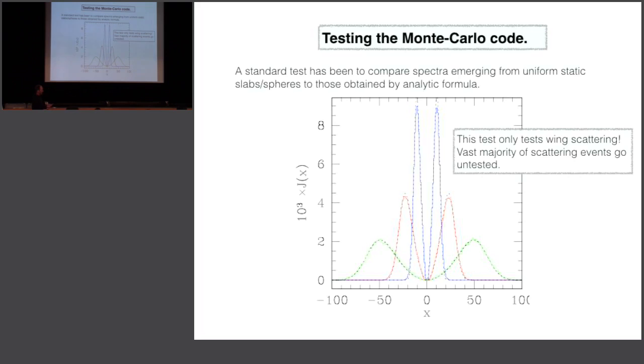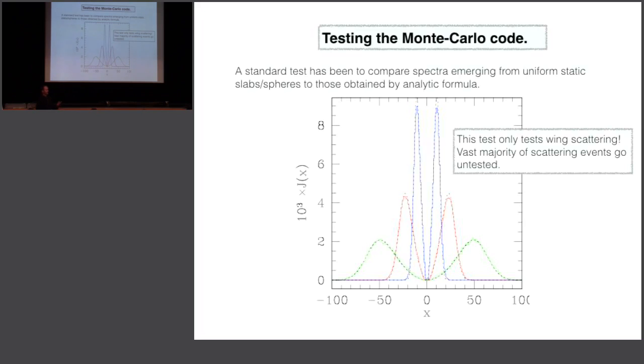The first reason is that resonant scattering or core scattering accounts for the vast majority of events in your Monte Carlo. Remember that at optical depth 10 to the 7, you scatter about 10 to the 7 times in a static medium, 10 million times. But the number of scattering events that actually mattered was only a few hundred.